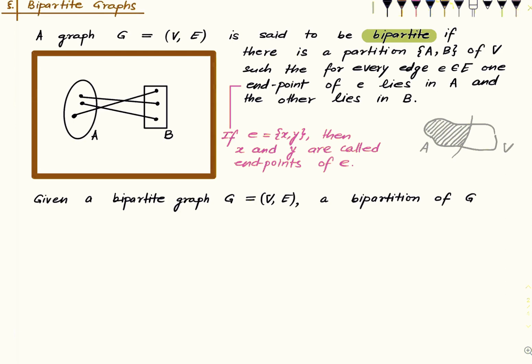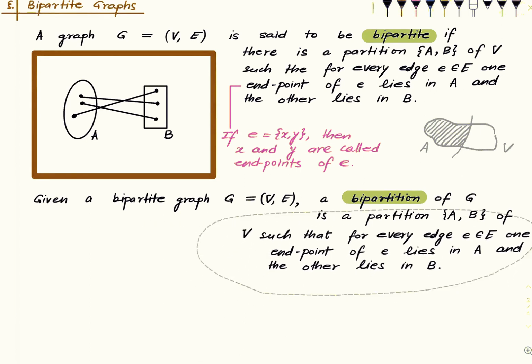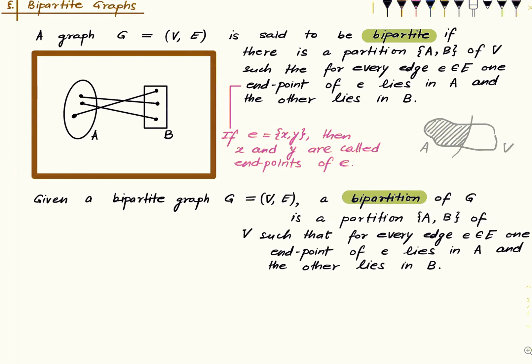Okay, so now given a bipartite graph, a bipartition of the graph G is a partition of the vertex set such that, again, for every edge in E, one endpoint lies in one part and the other endpoint lies in the other part.